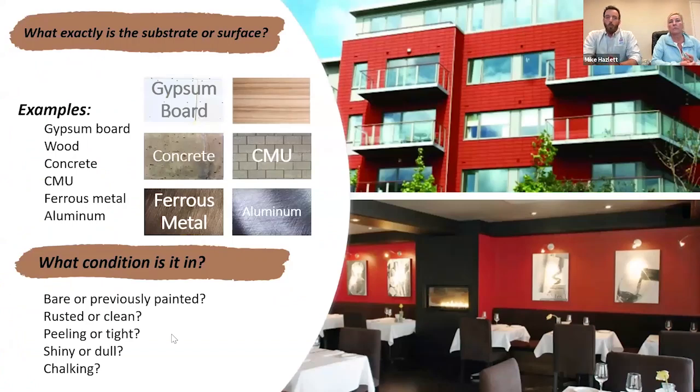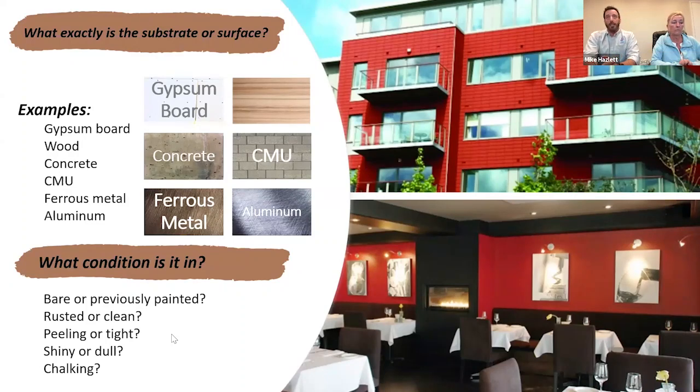Like I mentioned, there are different substrates that are going to determine what paint or coatings we put on for your specification made specifically for you. So we're dealing with gypsum board, concrete, CMU, ferrous metals, stucco, of course. And we want to make sure that the condition is appropriate as well. Is this a new project that's going to require a primer?